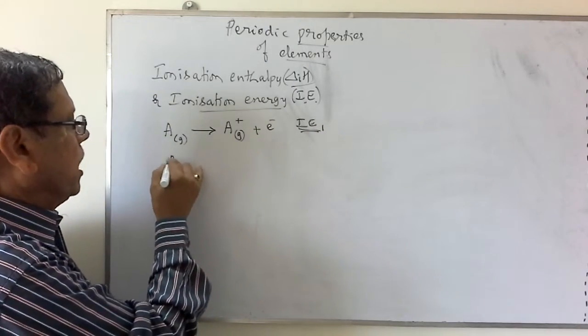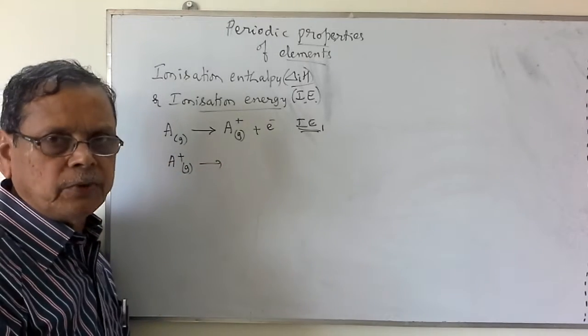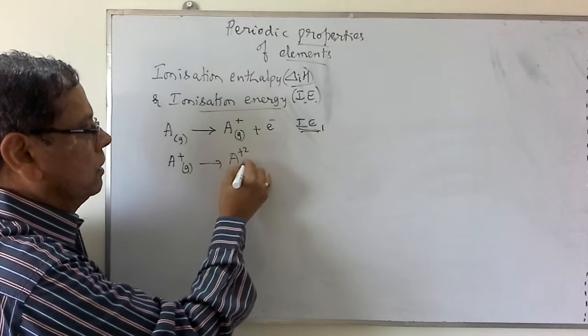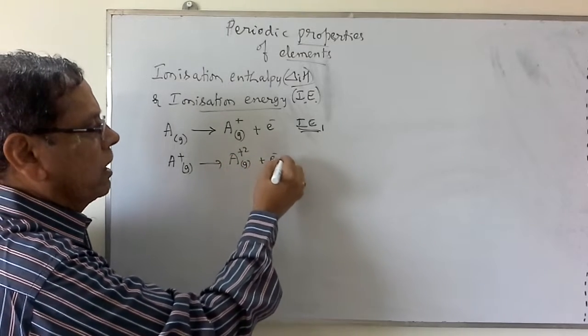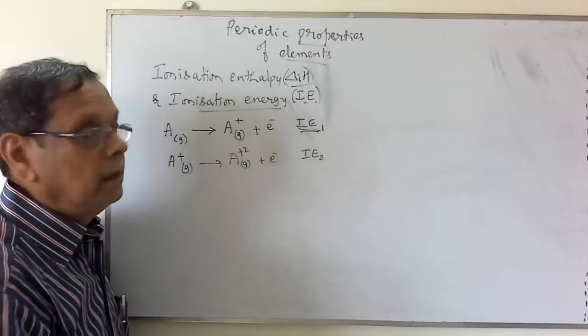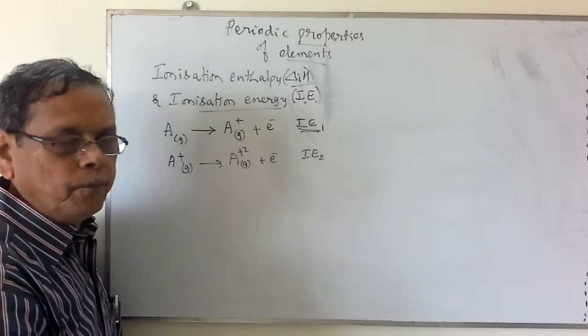Suppose I take one more electron from this isolated gaseous unipositive ion to give rise to A plus 2. To remove one more electron, the energy required is called IE2, or delta IH2.